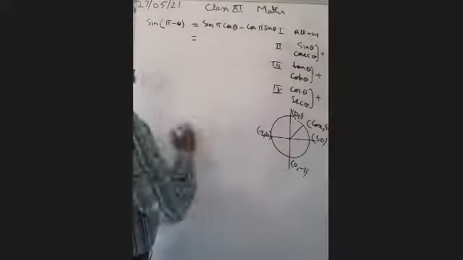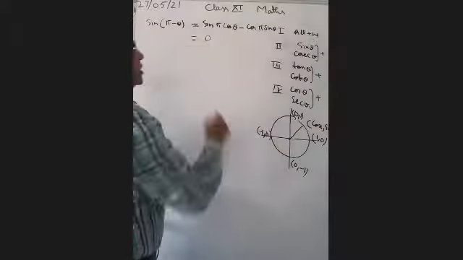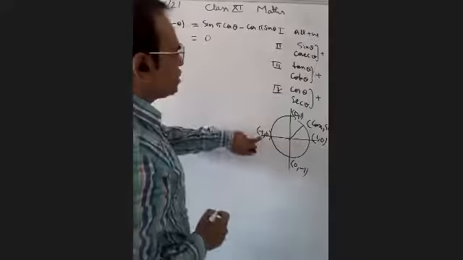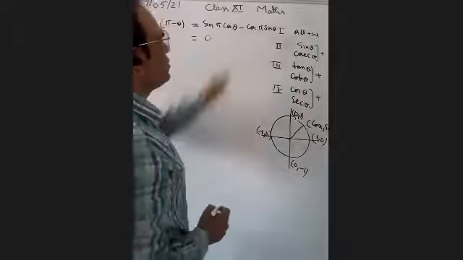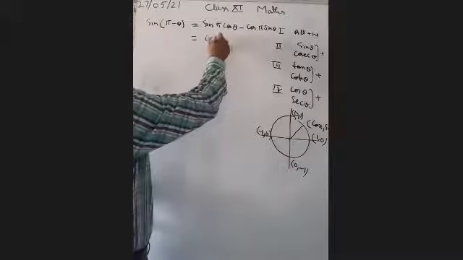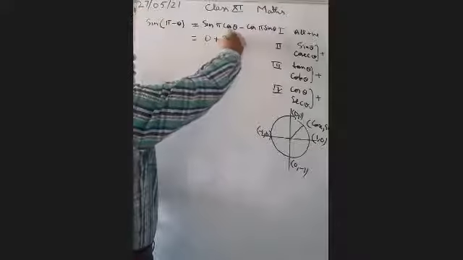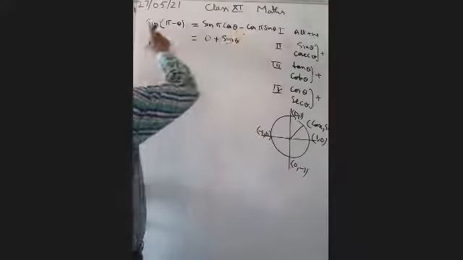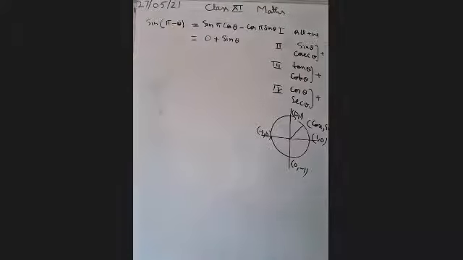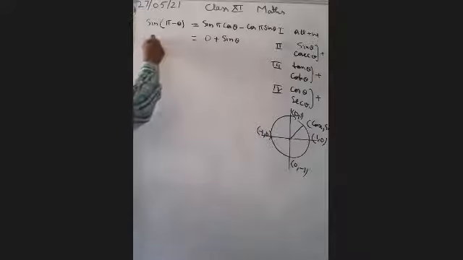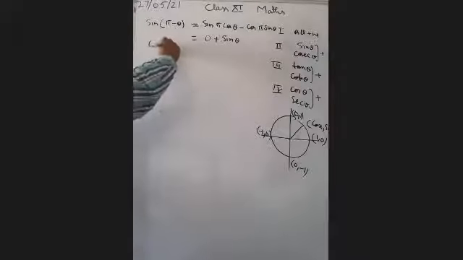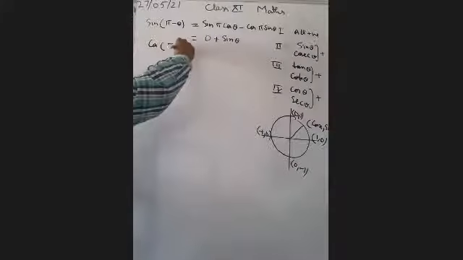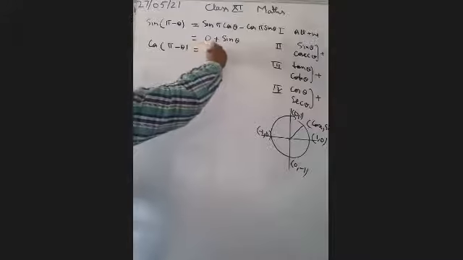So you have to put sin pi as 0. If you multiply by 0, it becomes 0. And cos pi is equal to minus 1. So minus minus it will become plus 1. So it is plus sin theta. So we get the formula of sin 180 minus theta is equal to sin theta. Similarly, if you use this formula in the same way, you will get cos pi minus theta equal to minus cos theta.